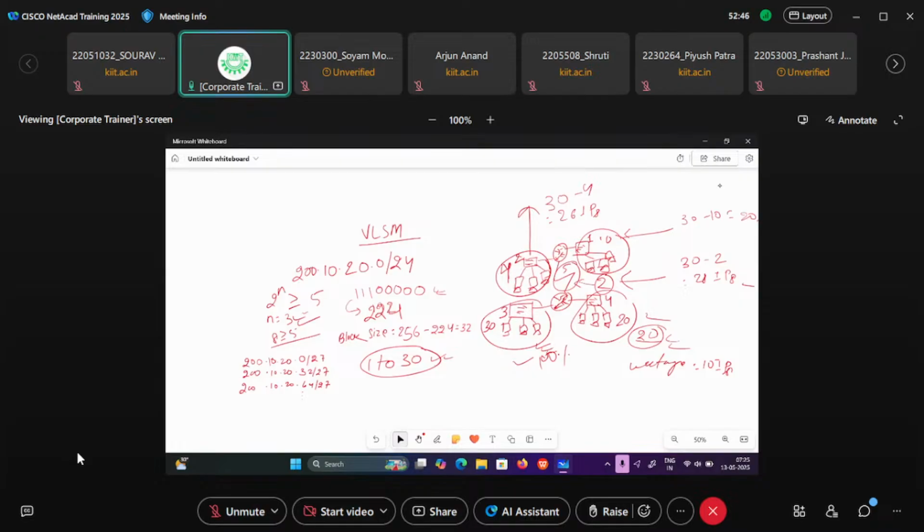So through VLSM, we can reduce more wastage of IPs as compared to subnetting. But in VLSM also, we cannot get 100% accuracy. If 4 IPs are required, you will get exactly 4, or if 3 are required, exactly 3.